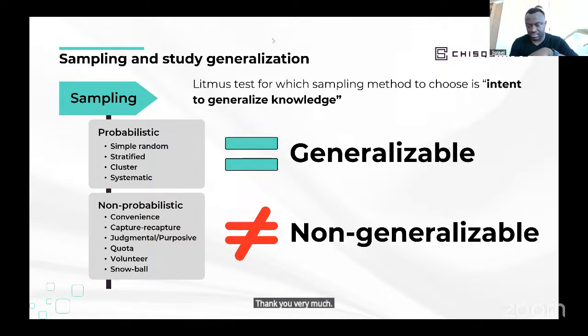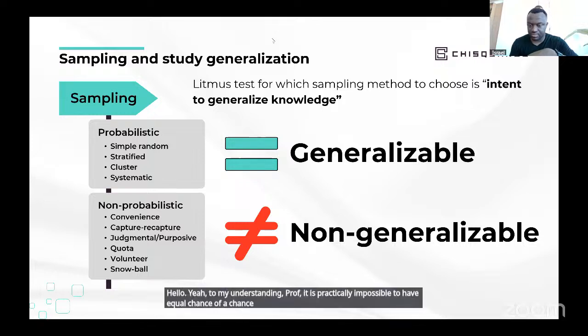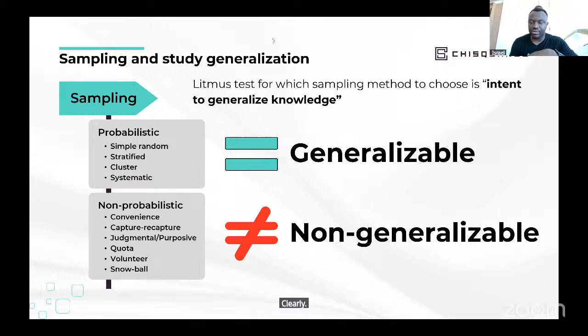Hello. Yes. To my understanding, Prof, it is practically impossible to have an equal chance of being selected at the same time. Okay, thank you. We'll come back to that later.